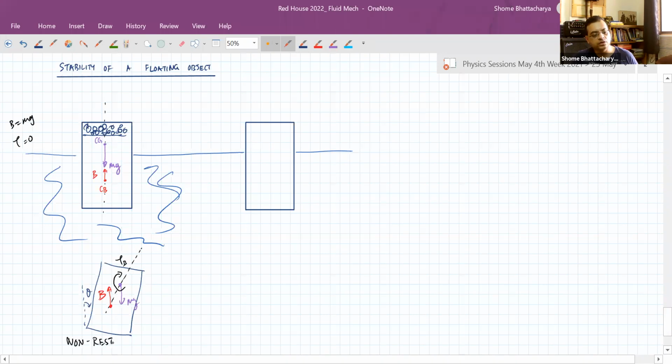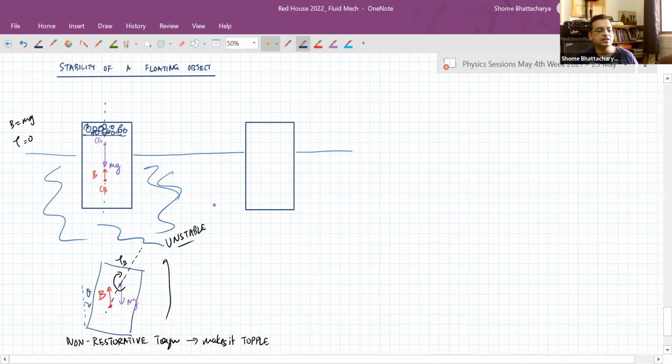It doesn't try to restore it back. So this is a highly unstable kind of equilibrium. Even slight disturbance will cause it to topple. So it will make it topple, or gives it a tendency to topple.